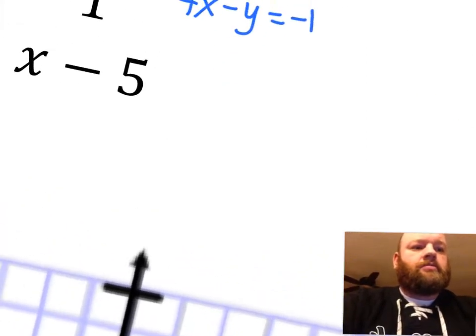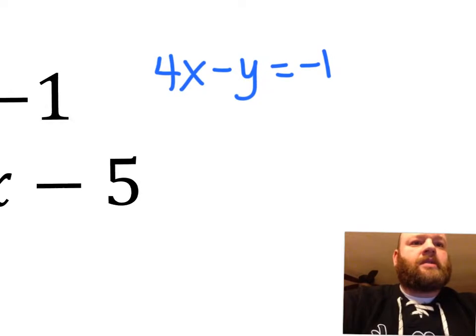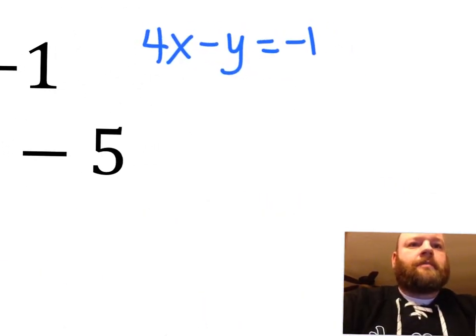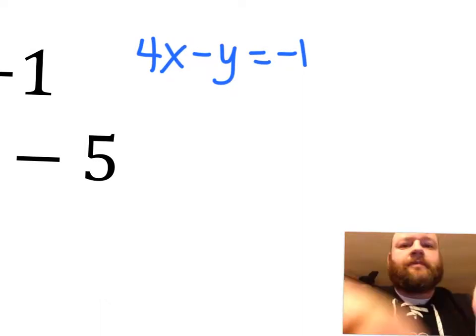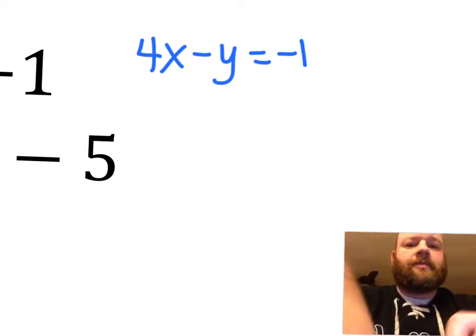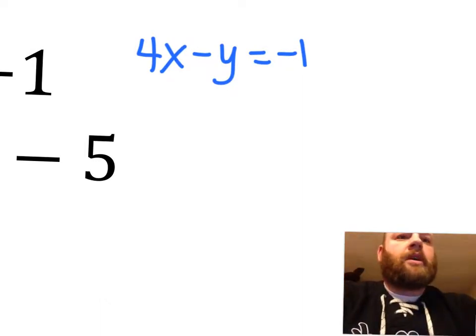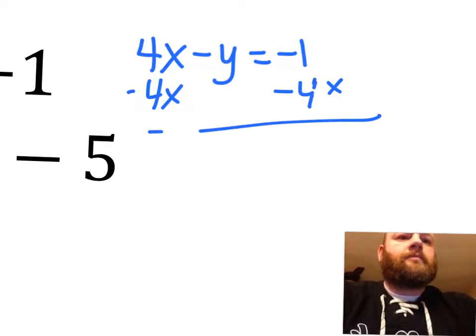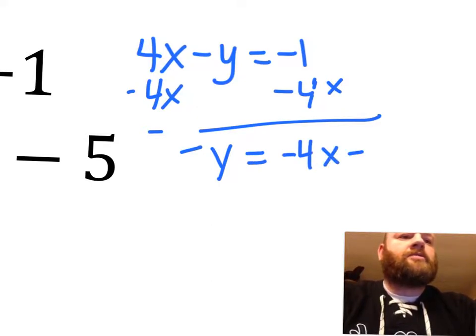So we're going to blow this up and solve this one for y. We have a couple of steps. We subtract 4x from both sides, and we get negative y equals negative 4x minus 1.